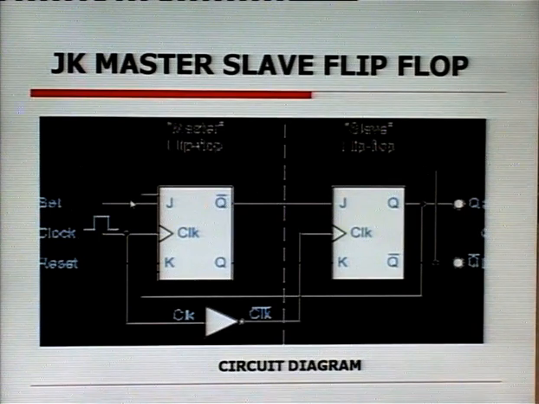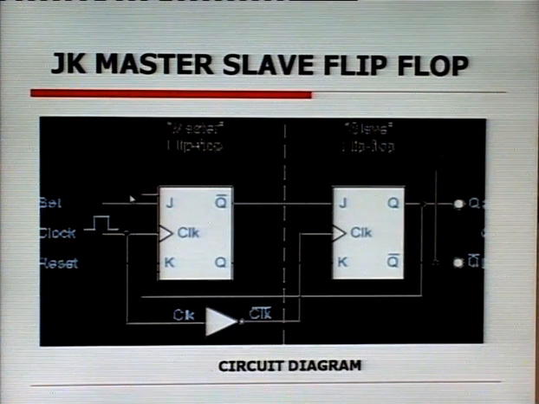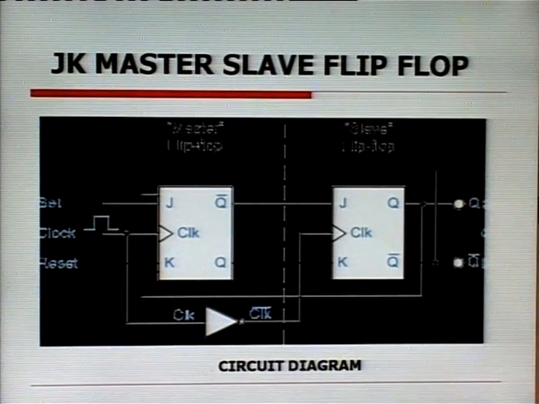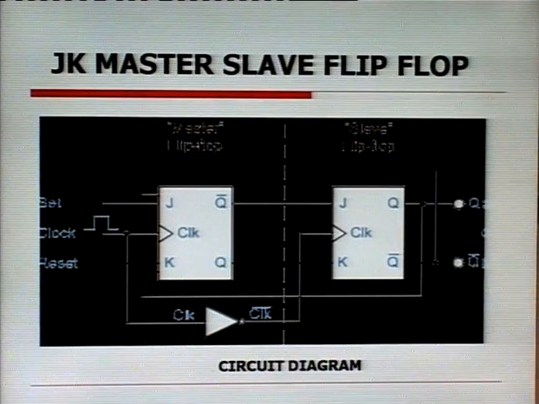Now, in digital circuits, it is required that the flip flop must toggle once in one clock cycle, but sometimes there is a tendency of the flip flop to toggle more than once in a single clock cycle. This problem must not be there if we want the circuits which are using the JK flip flop in the toggling mode to work properly.